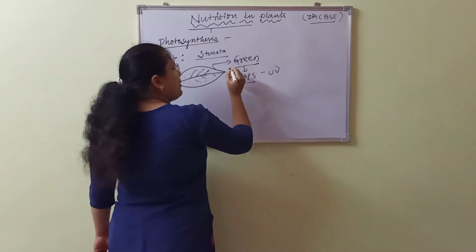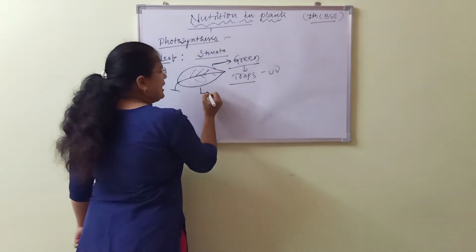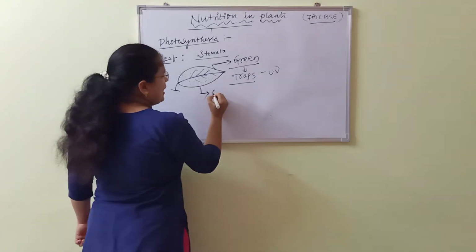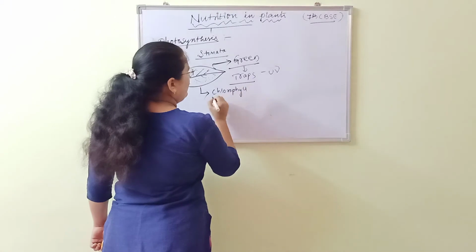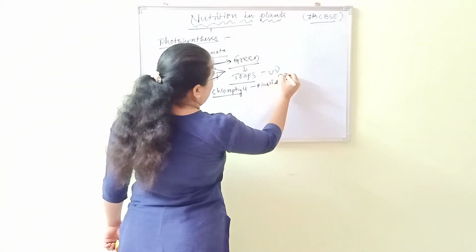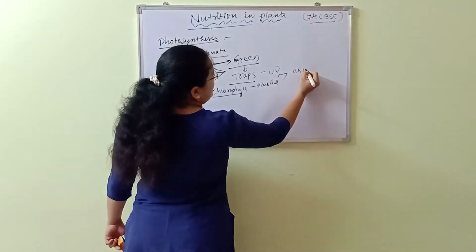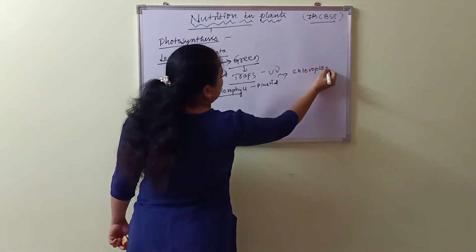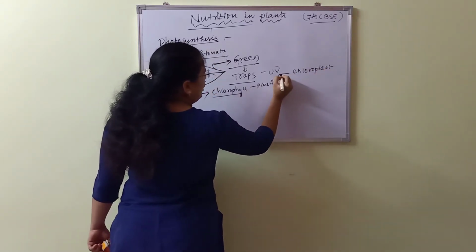The green color part of the pigment is nothing but the color reagent. That pigment is known as chlorophyll. This is the plastid. Chloroplast contains the chlorophyll. In that chloroplast we have a color reagent known as chlorophyll.